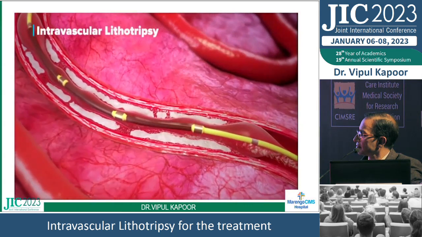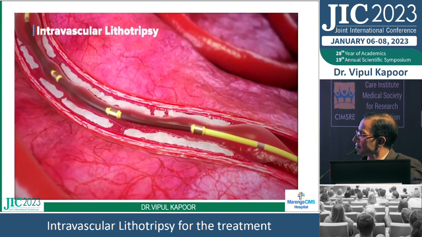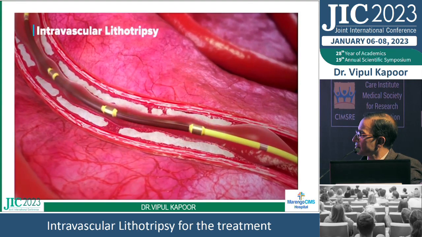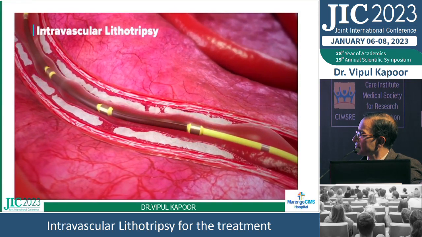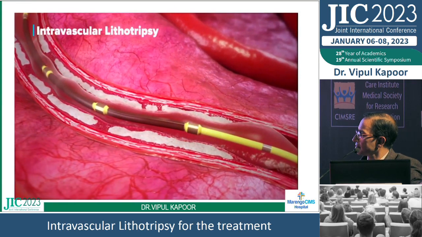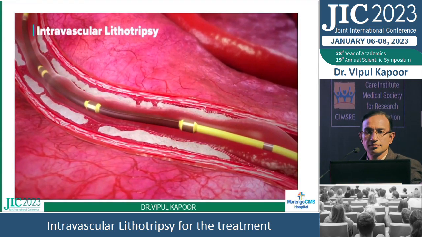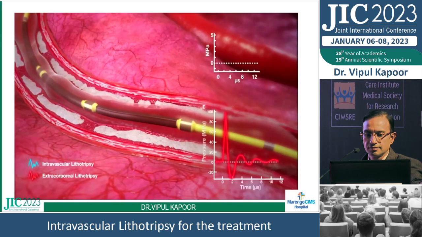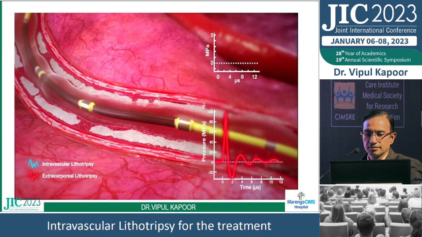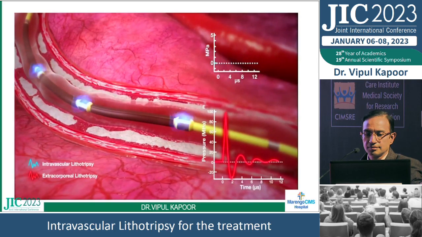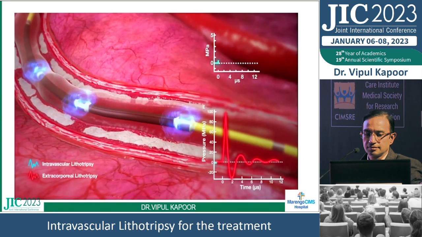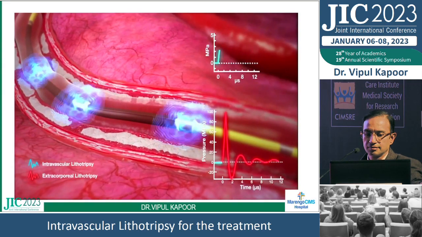IVL modifies calcium through use of shock waves, which are a specific form of sonic pressure waves. The shock wave waveform has a rapid increase of peak pressure for approximately 1 microsecond, followed by a small negative pressure trough. To help minimize injury to soft tissue, IVL's waveform is designed to be different than traditional lithotripsy, which has a higher peak pressure and a larger negative pressure trough.